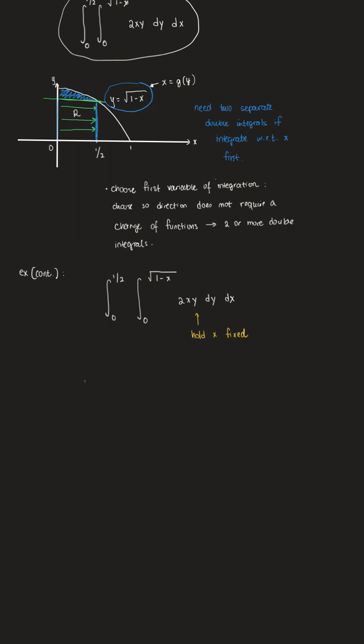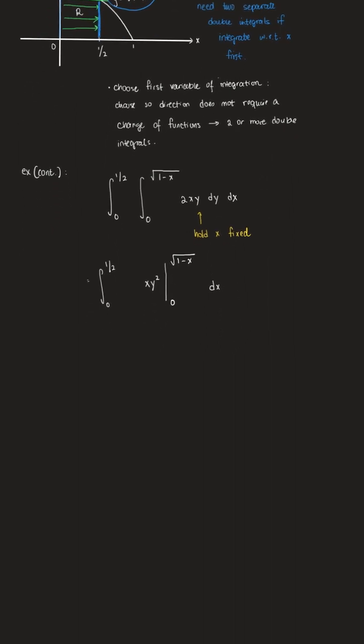So on the outside, we still have our integral from 0 to 1/2 with respect to x. On the inside, this will be 2xy squared over 2, so just xy squared because the 2's will cancel. And we're integrating this from y equals 0 to y equals the square root of 1 minus x. And let's not forget the dx that tells us our variable of integration for the first integral. So here we'll have, let's apply the fundamental theorem of calculus.